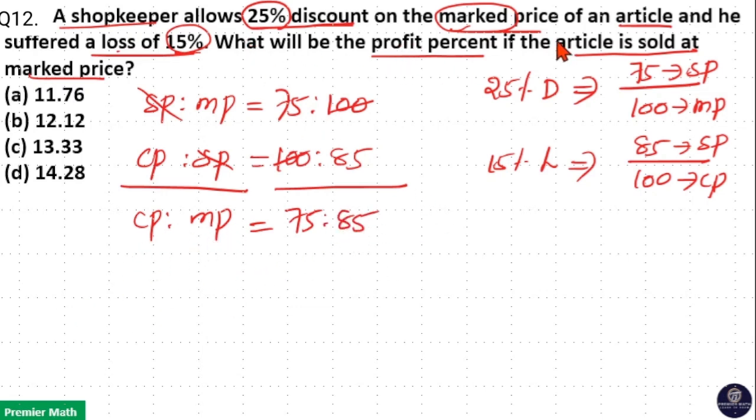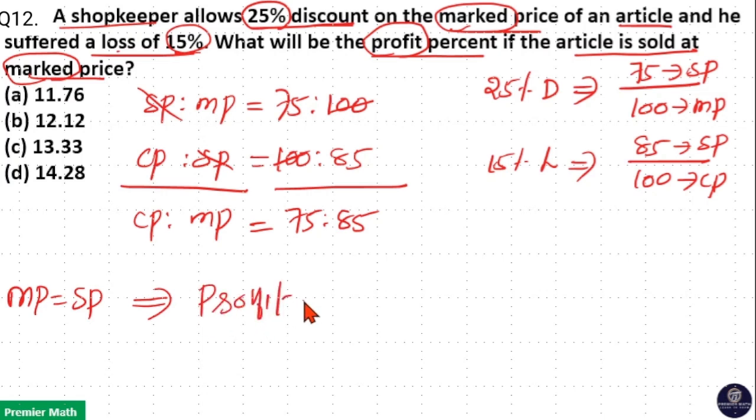And here it says, when the article is sold at mark price, we need to find out the profit percentage. So, if mark price is equal to sell price, then we need to find out the profit from this. The profit formula is sell price minus cost price divided by cost price into 100.